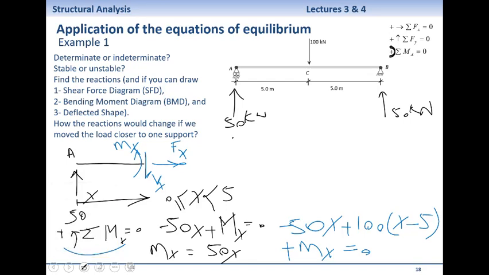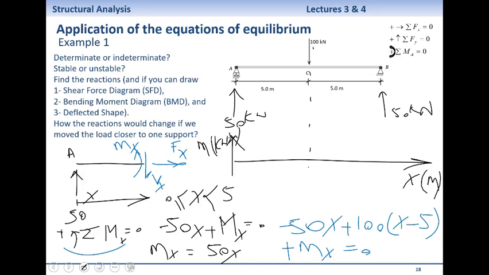So this is bending moment. We indicate the units, kilonewton meter. This is x. We indicate the units. We carry forward the important points. The first equation is valid only for that first half of the beam, and it's 50x.